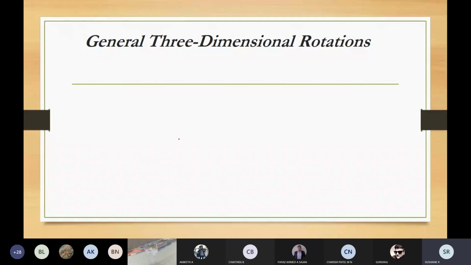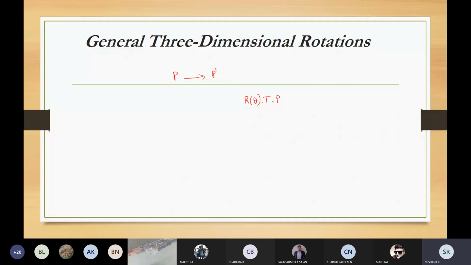There is a point which will be transformed to a new position called P dash. What is the operation being involved? The first step was the translation with respect to the initial position. After translation, they performed the rotation about the axis.